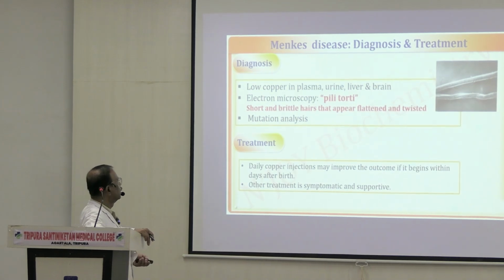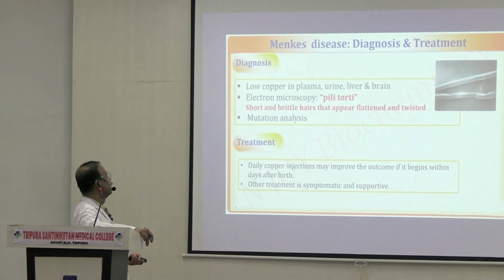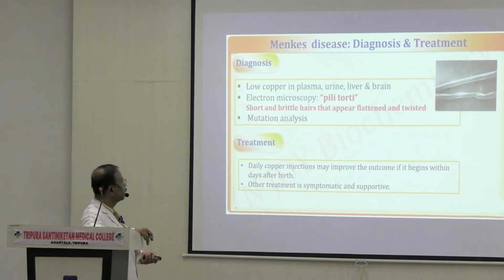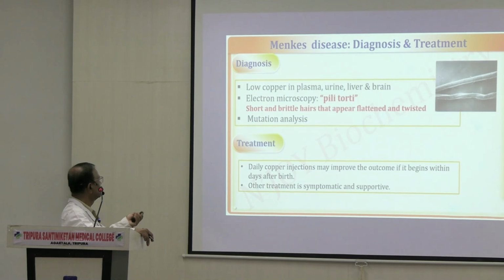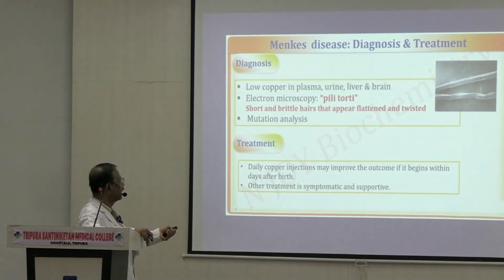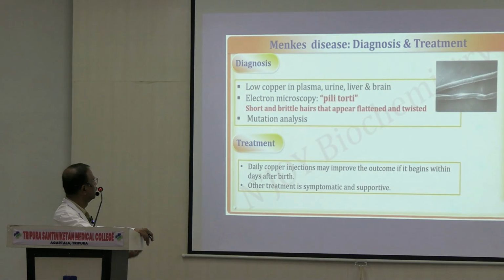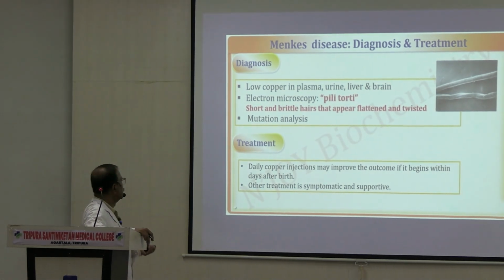Diagnosis: low copper in plasma, urine, liver, brain. On electron microscopy, there will be pili torti, that means short and twisted hair that appears flattened and twisted. Mutation analysis may be done to identify the disease.